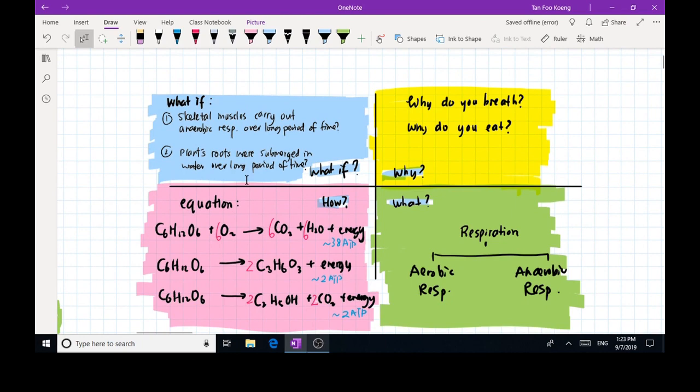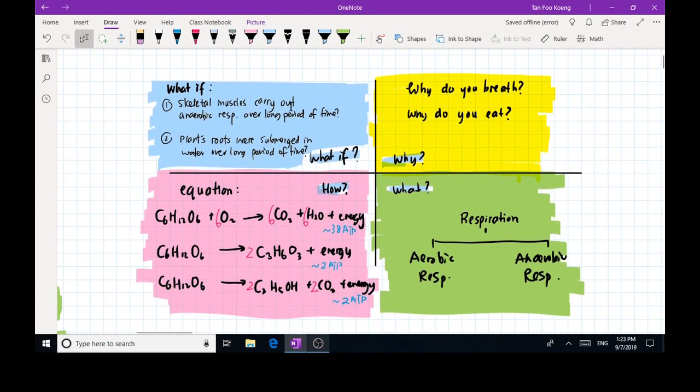Now, next part, what would happen? This might come in your examination as well. If you carry out anaerobic respiration over a long period of time, what will happen? It might cause accumulation of lactic acid and cause muscle fatigue and muscle cramp. In order to prevent all those things from happening, you need to breathe in a lot of oxygen to pay off the oxygen debt. And plants couldn't survive long in water.